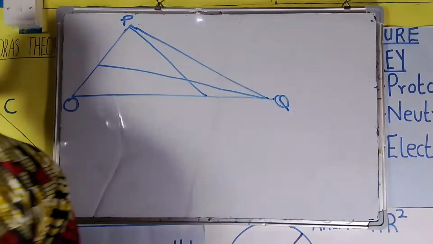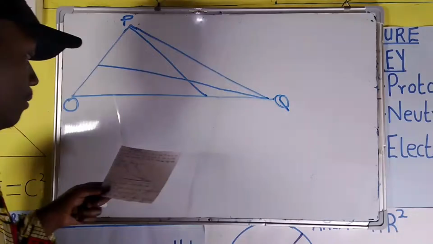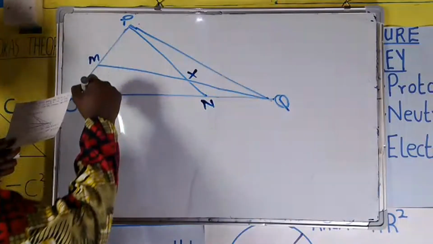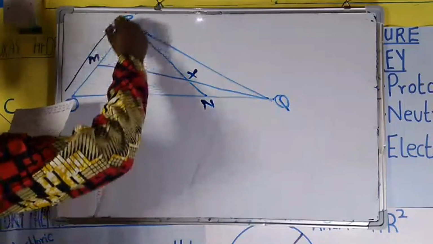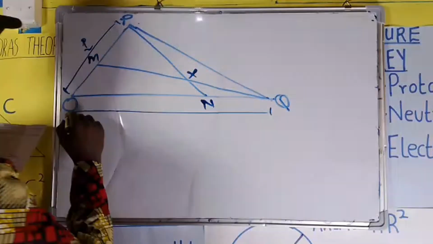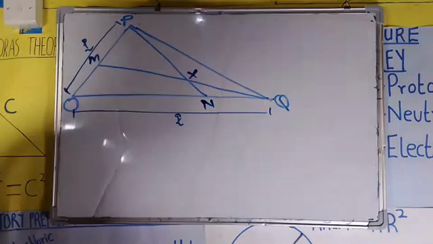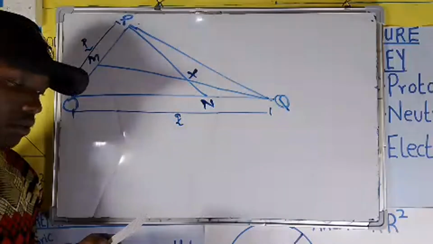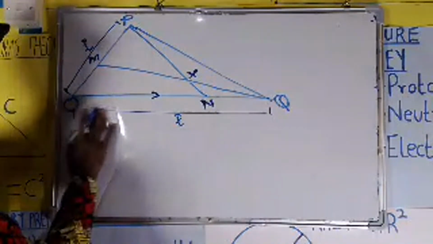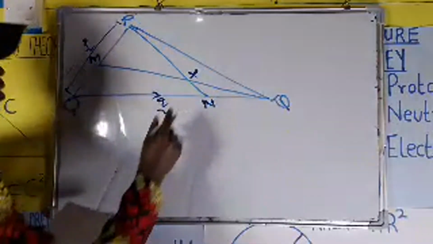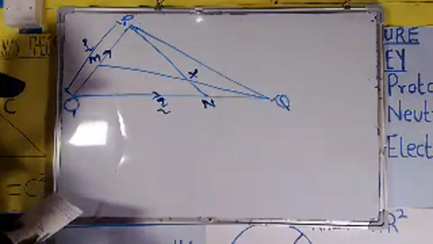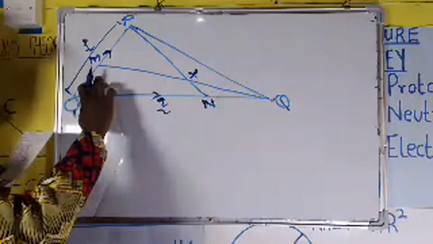That was N, that is X, that is M, and we had been given this vector is P, and all of this from here to here is Q. So the question was reading: in triangle OPQ below, OQ is Q, OP is P. Point M lies on OP.